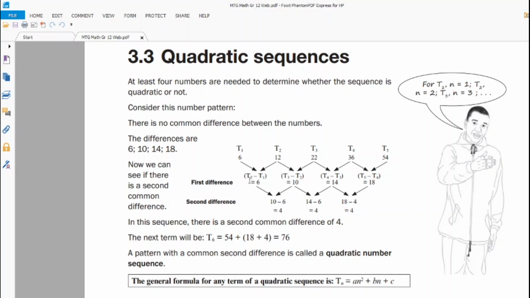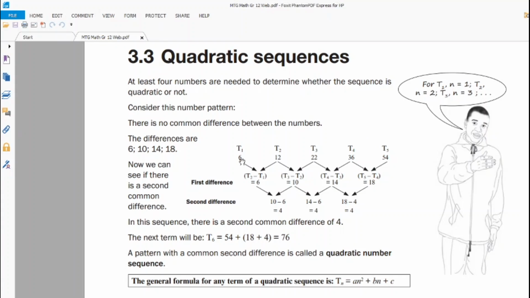So immediately you see that this sequence is not an arithmetic sequence, because the first difference is not constant, we don't have a common first difference.